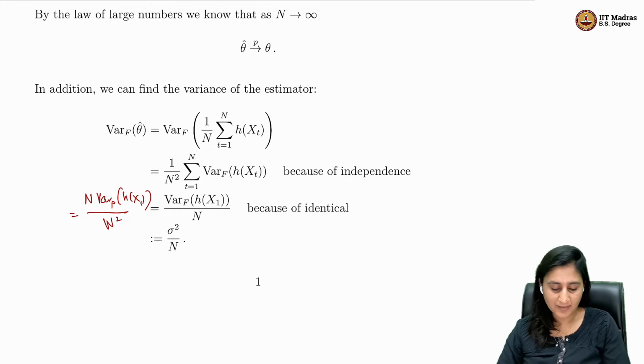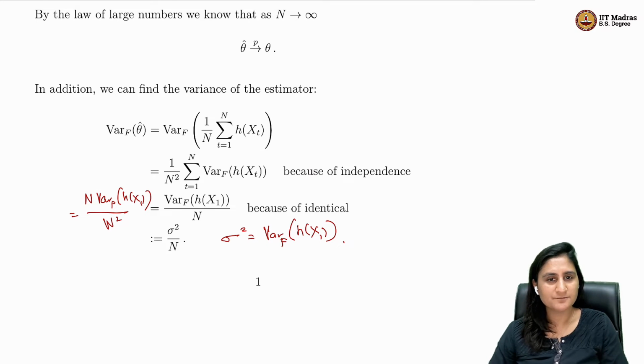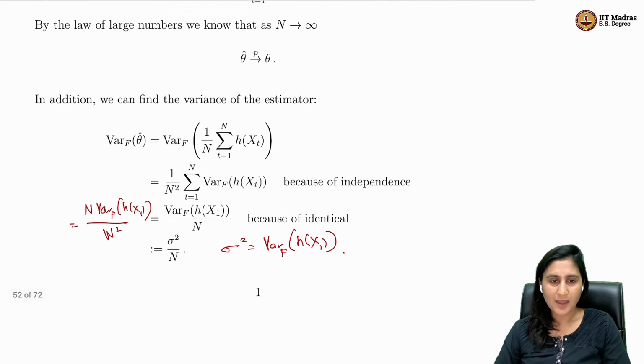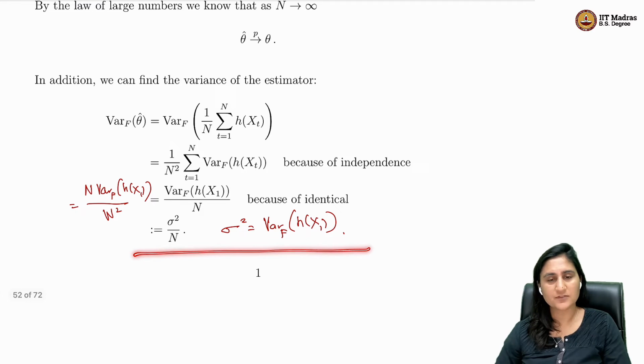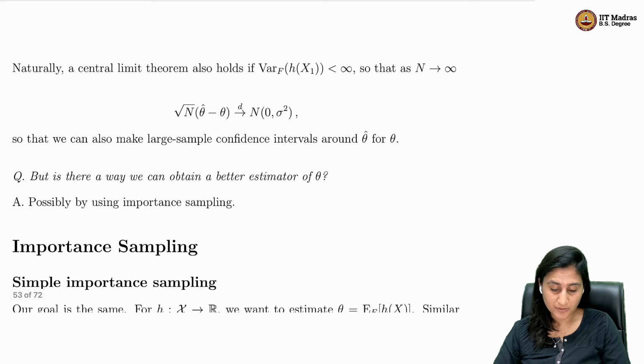And once I do that, I can cancel one of those n's out with the denominator and I just get variance of h of x1, which now I denote as sigma squared by n, which means I have essentially said that sigma squared is nothing but variance under f of h of x1. Okay, so we have that our estimator converges to our quantity of interest theta as n tends to infinity, and we have an expression for the variance of the estimator as well. Okay, this is the idea of simple Monte Carlo.